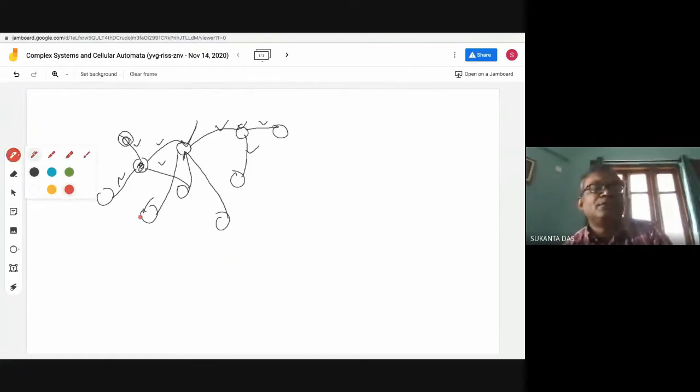If I use a different color, say, for this particular node, one may argue that this node is not a local neighbor, right? Since you are considering an arbitrary node and arbitrary graph, a node may depend on an arbitrary number of nodes.